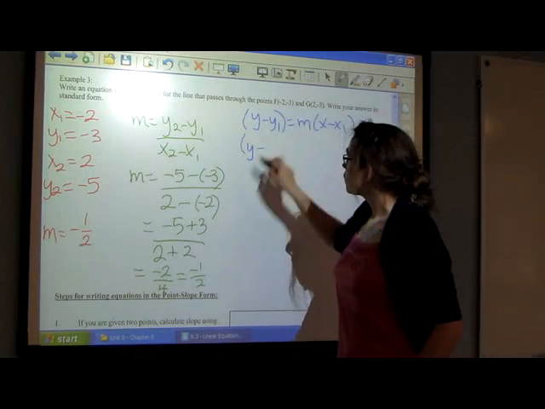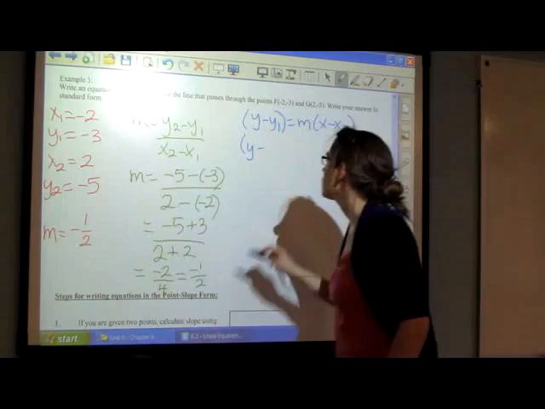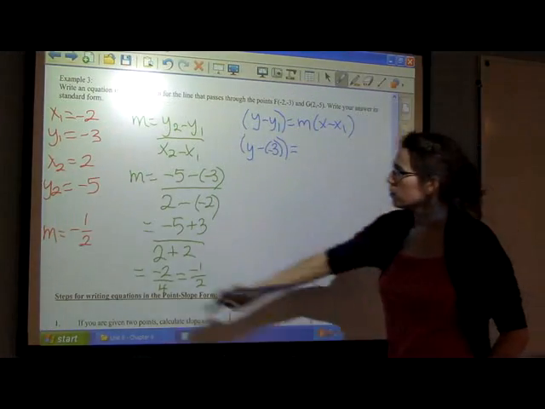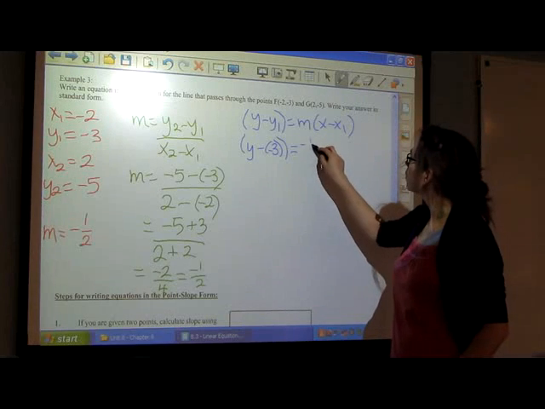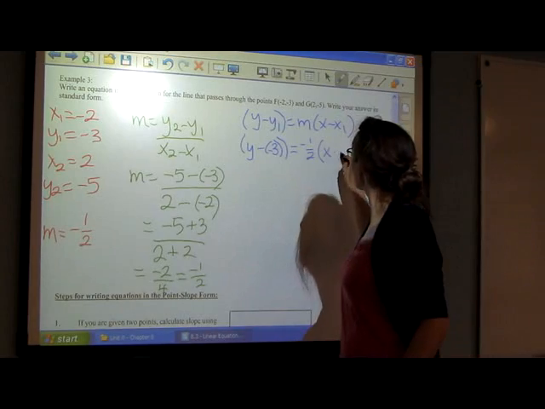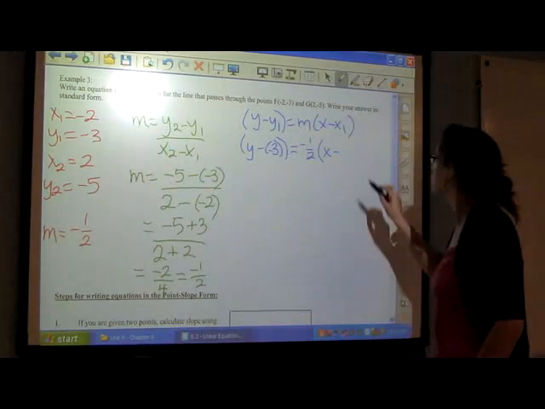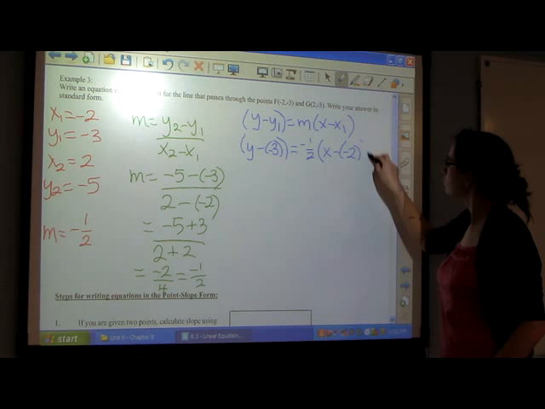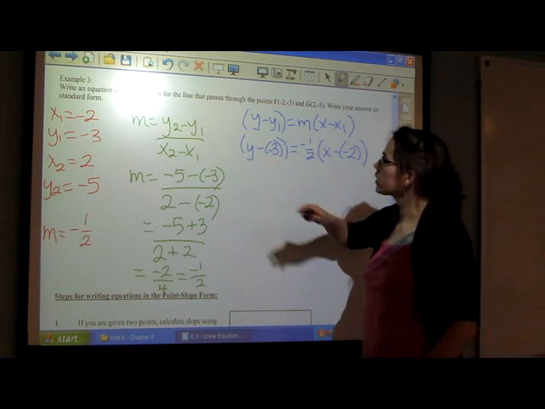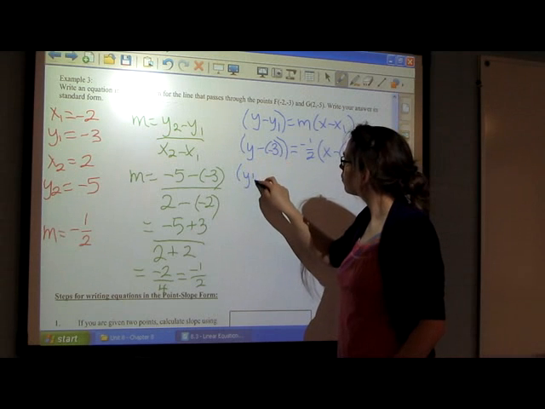we have ourselves y minus y1 is -3 equals m, which is -1/2, times x minus x1, which is -2. If I'm subtracting a negative, I'm really just adding it.